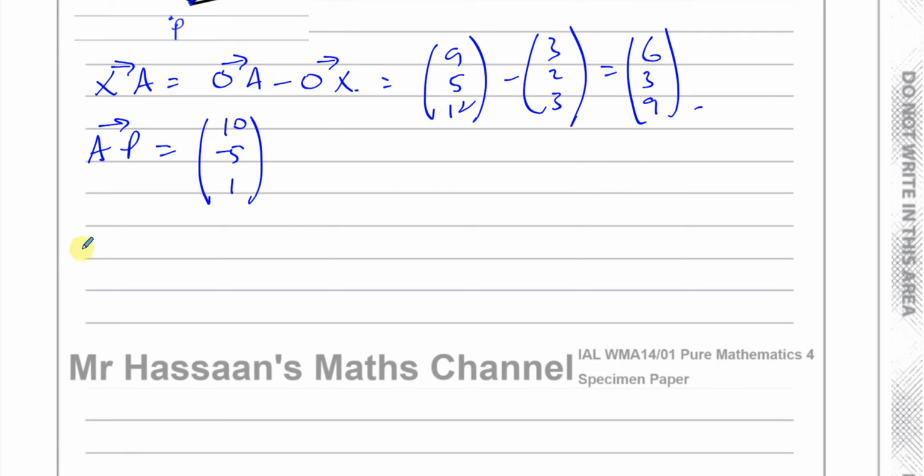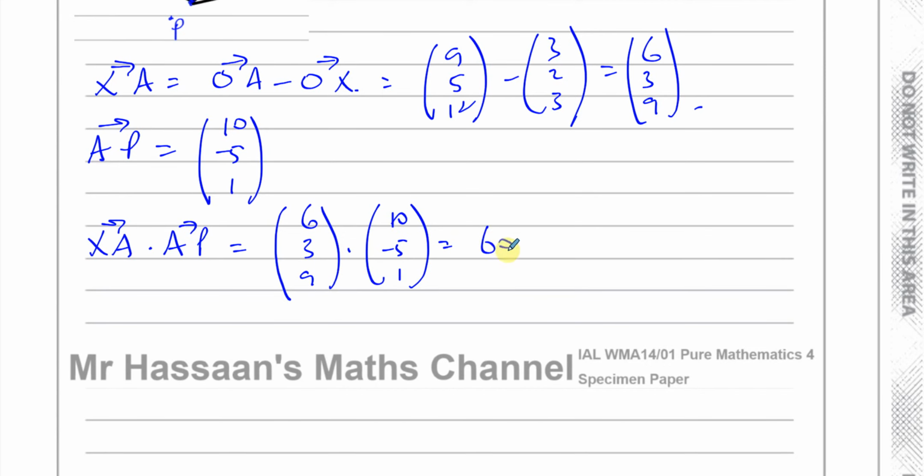Okay, so now the dot product of X to A and A to P is (6, 3, 9) multiplied by (10, -5, 1), which gives you 60 minus 15 plus 9, which is 45 plus 9, which is 54.